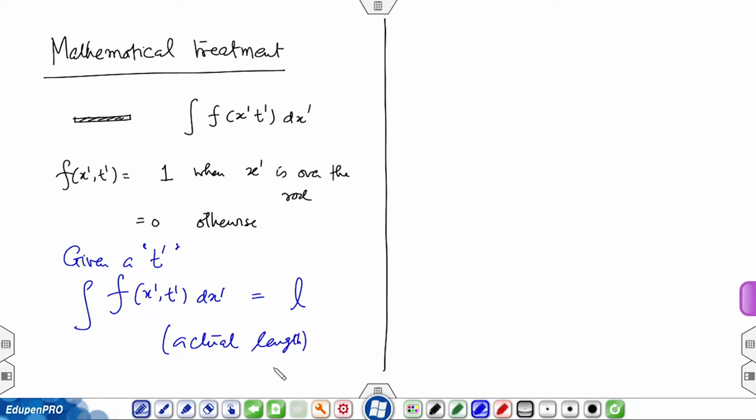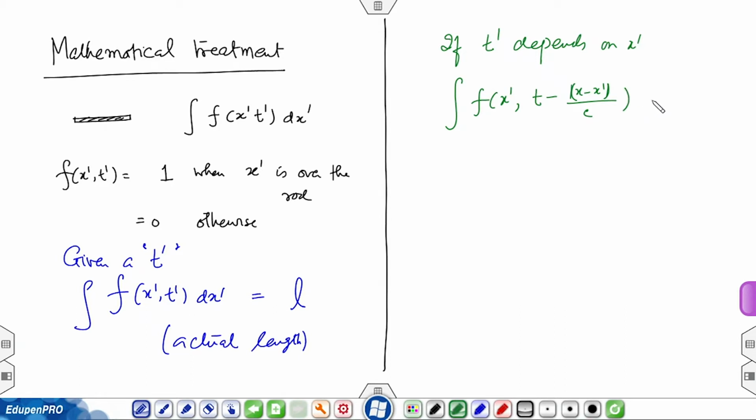But now, let us see what happens if t' depends on x'. That is, I am doing an integral of f(x', t - |x - x'|/c) dx'. Here I do not have to put mod, because it is one dimensional.